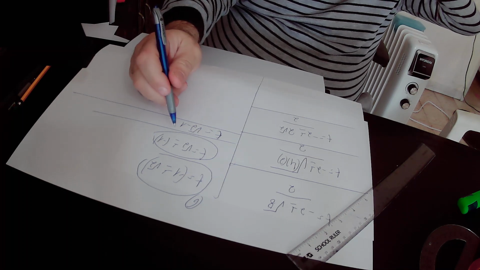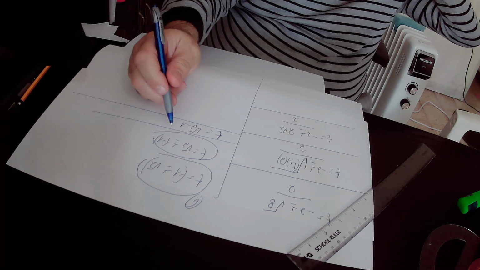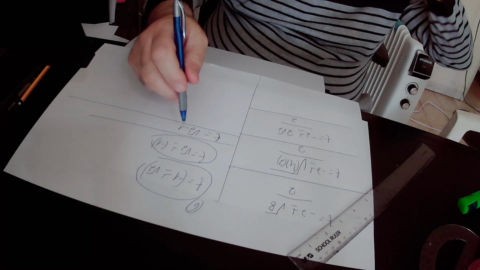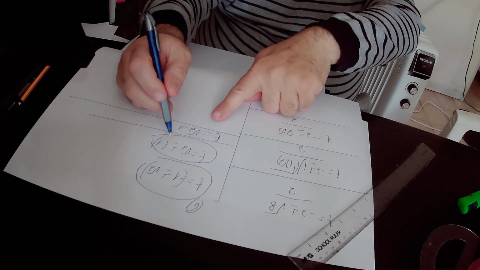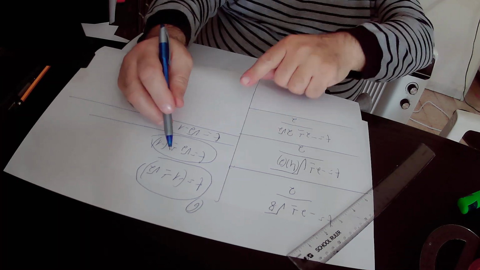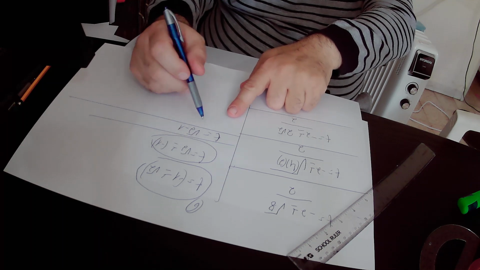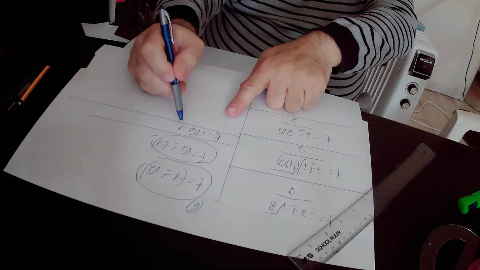Actually, we have here the first solution for t is that t equals minus 1 minus the square root of 2.